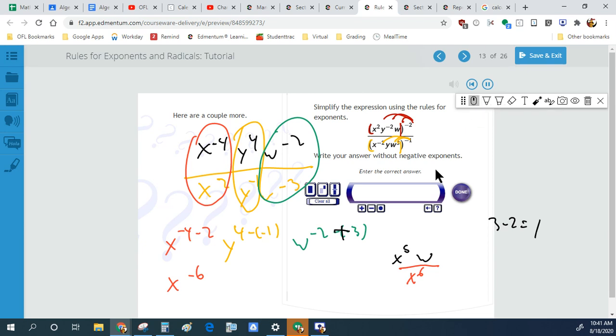So now we're ready to enter this into our answer space here. So we're going to do x to the power of 5, w by itself, nothing else needed, and, oh, this was supposed to be a y. I can't even read my own writing, guys.